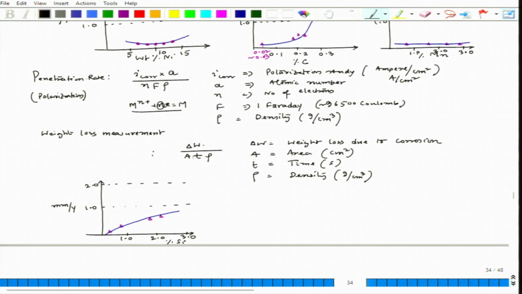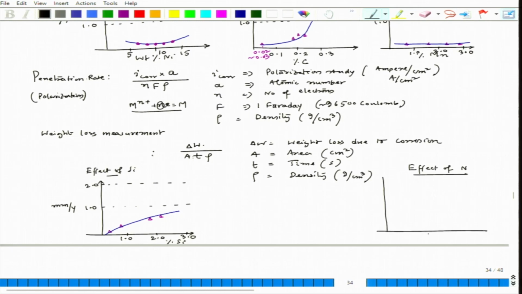And the effect of nitrogen. Nitrogen has its own effect, but it is not that much in this case. So, let us plot the effect of nitrogen.